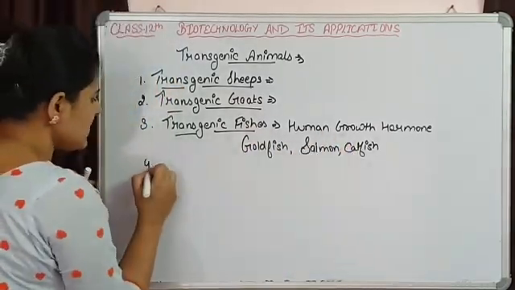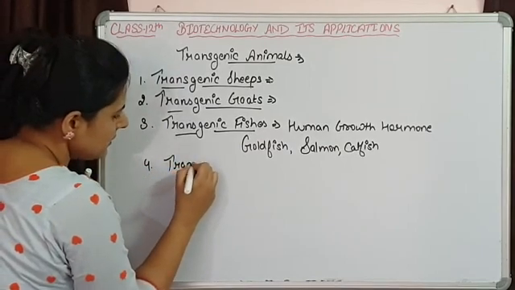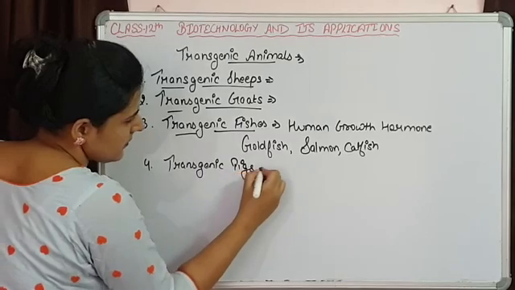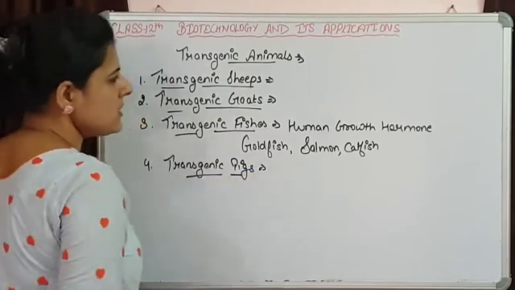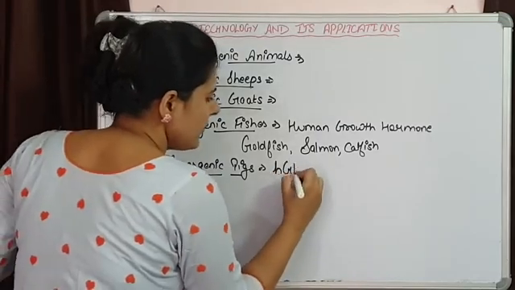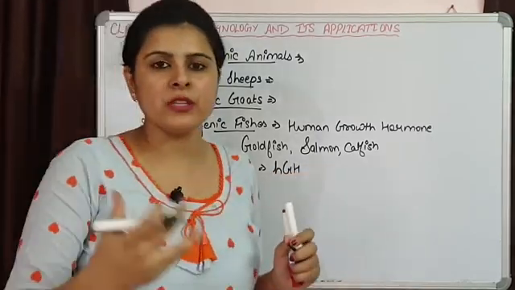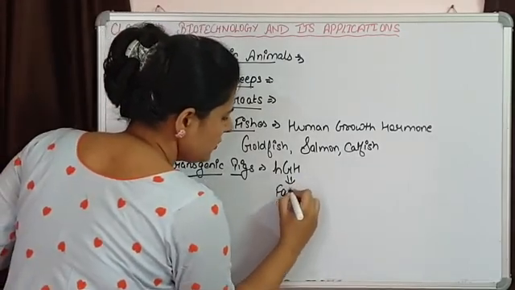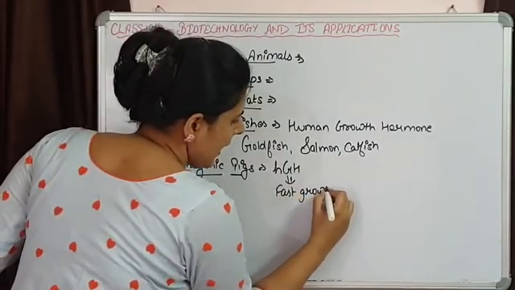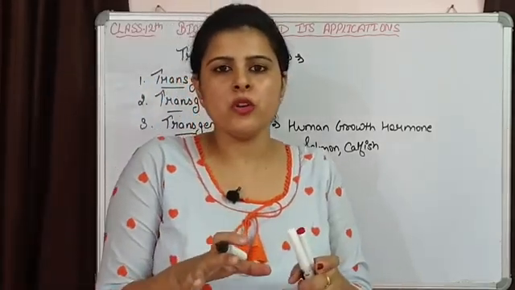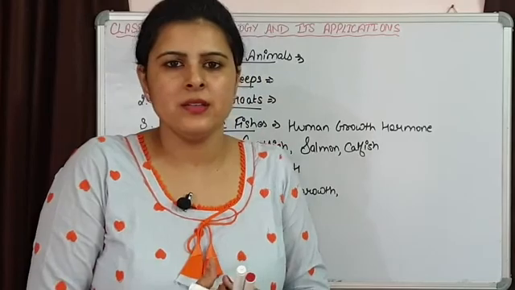Just like that, transgenic pigs are also there, which also have this human growth hormone, and this human growth hormone is responsible for their fast growth, and because of this fast growth there is low deposition of subcutaneous fat.